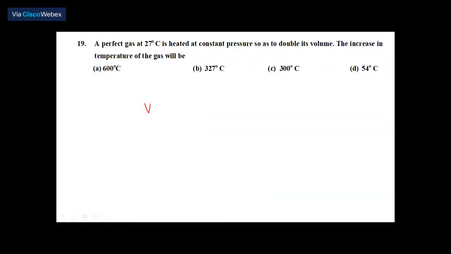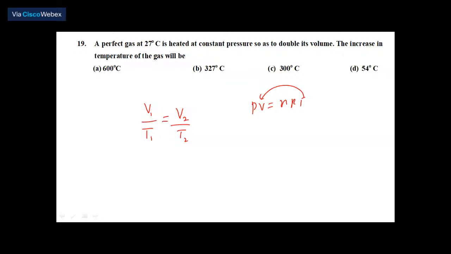So we can write V1 divided by T1 is equal to V2 divided by T2, because we have PV is equal to nRT. T and V are directly proportional at a given constant pressure. Therefore, V1 by V2 is equal to T1 by T2, or V1 by T1 is equal to V2 divided by T2.